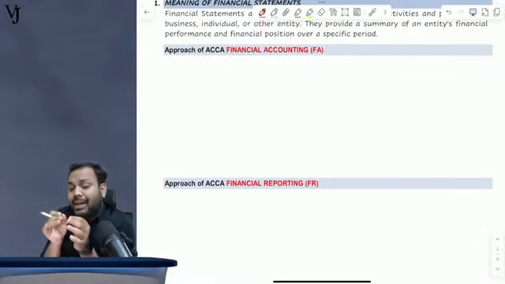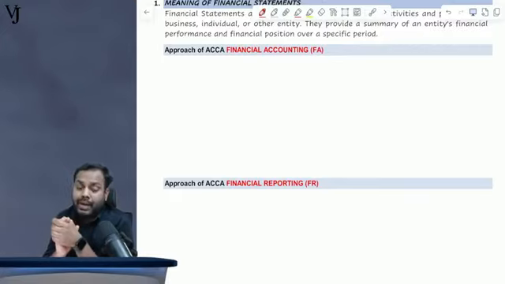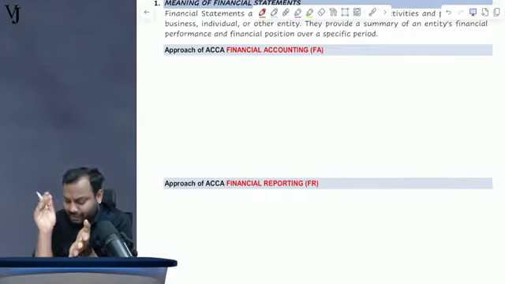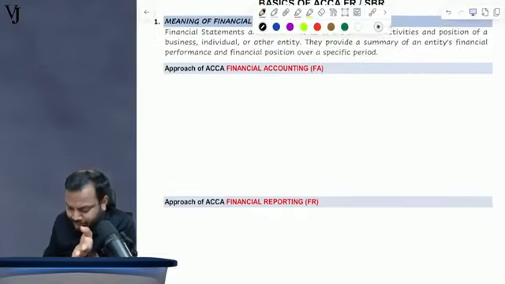Now understand what is expected of you at FR level and what is expected of you at SBR level. Let us understand that. I will start with FA.